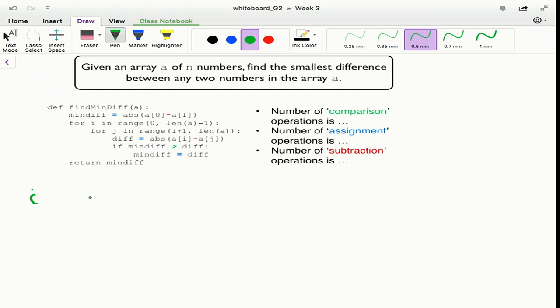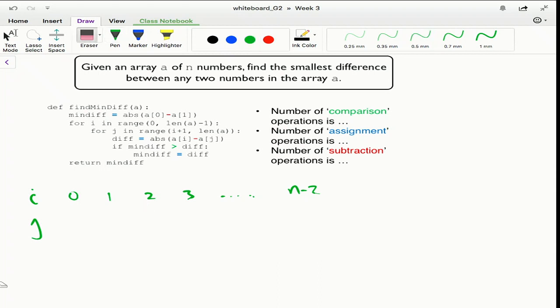For i, it's going to range from 0 to n minus 1, which means that i is going to go from 0, 1, 2, 3. The last number of i is going to be n minus 2. Right? Now inside every i, there is a j, right? The j here is going to start from i plus 1 all the way to n minus 1.